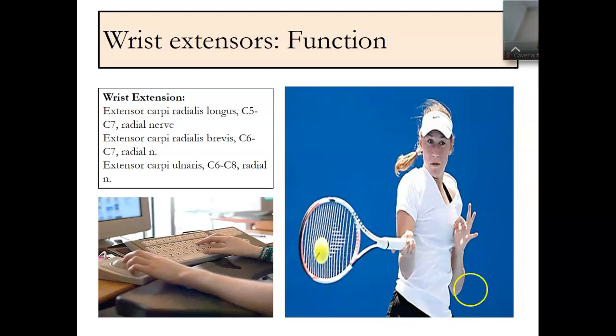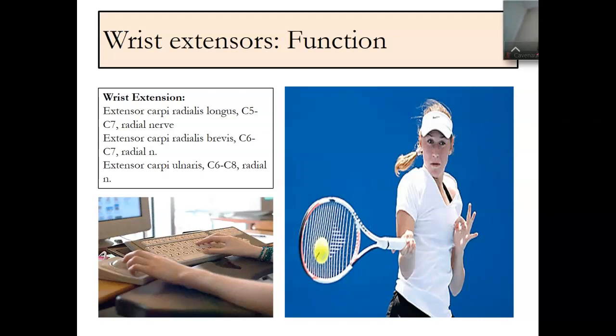This is probably not the greatest picture, but she comes back into wrist extension, and then she comes into wrist flexion as she hits it. A great example of wrist extension is when you're typing. As you're typing right now, your hands are on your laptop, your wrists are in extension. Those wrist extensions get sore very, very commonly. And something that happens a lot with playing tennis and other activities where you have forceful wrist extension is you get something called tennis elbow or lateral epicondylitis.